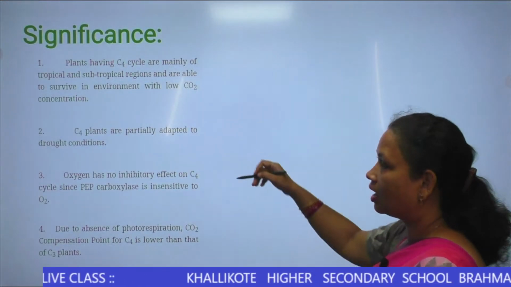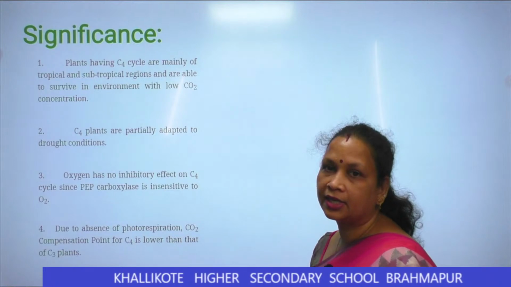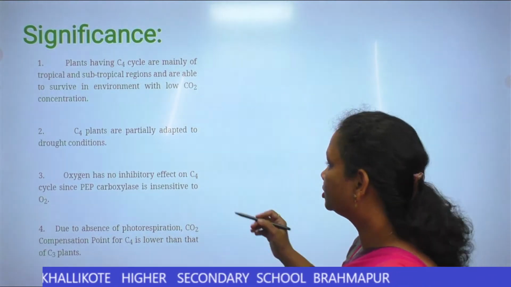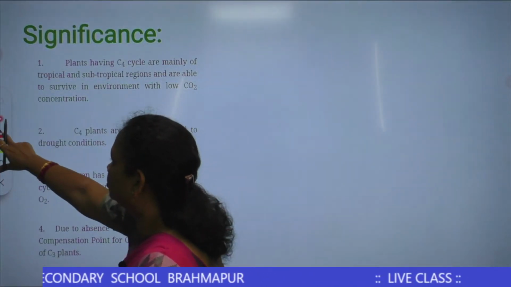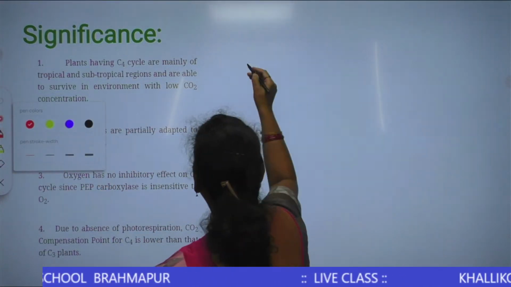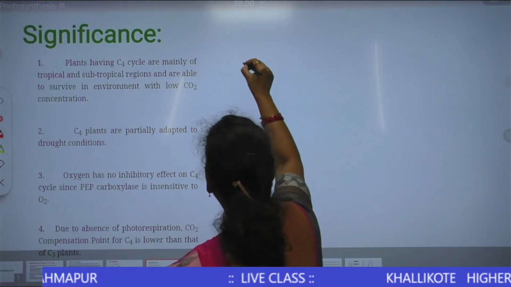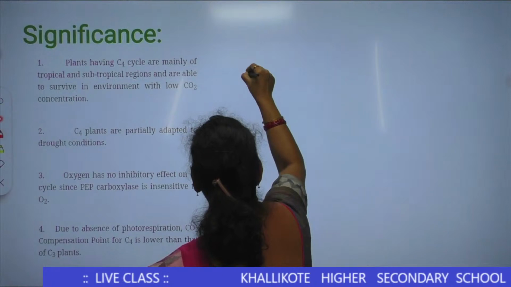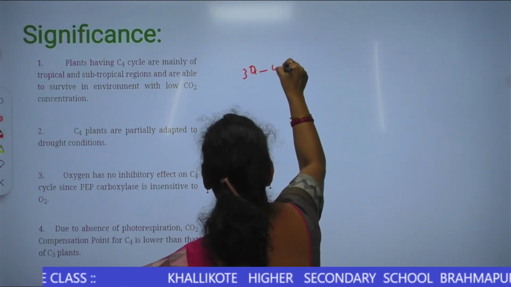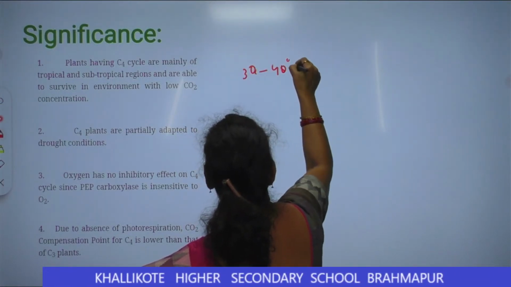So, recalling how they have maintained the higher efficiency, it is because these plants are able to carry out photosynthesis at a temperature of 30 to 40 degrees Celsius.